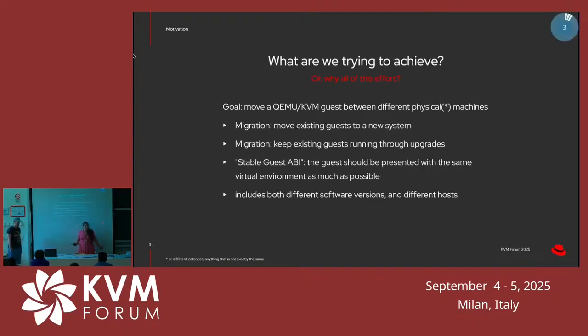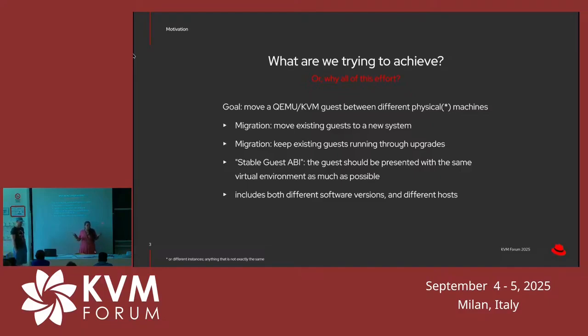So first things first, what are we actually trying to achieve? We are coming as Red Hat employees from a KVM perspective. We want to use QEMU KVM on ARM, and we want to be able to migrate a system to another system, which might be slightly different, either in hardware or in software or in both.